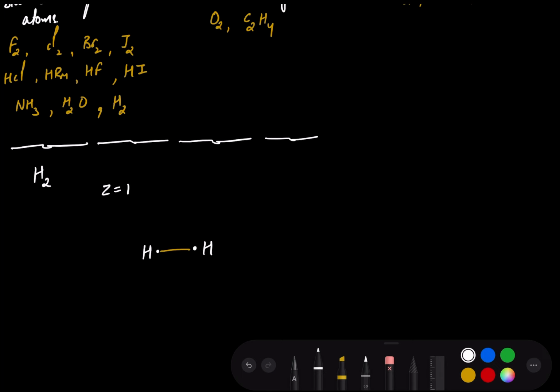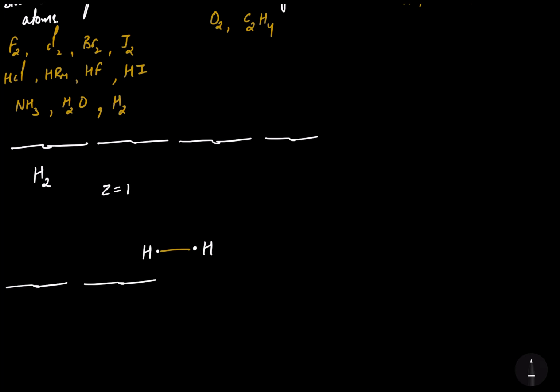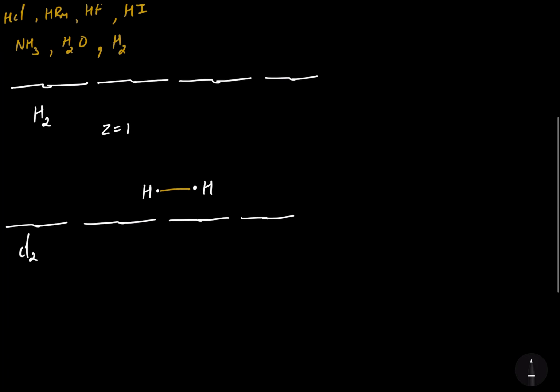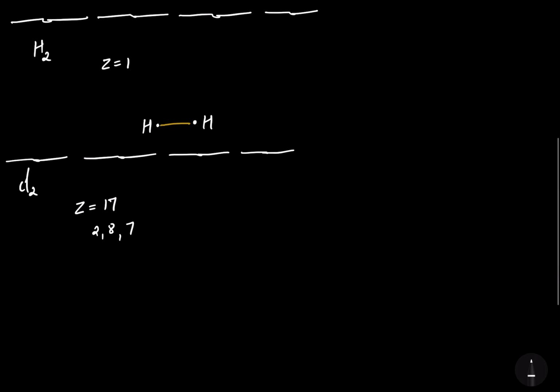Now let's talk about Cl2. What's the atomic number of chlorine? It's 17. What's the configuration of chlorine? It will be 2, 8, 7. That means chlorine has 7 electrons in its outermost shell. So the Lewis symbol will be chlorine with 1, 2, 3, 4, 5, 6 and 7 electrons.